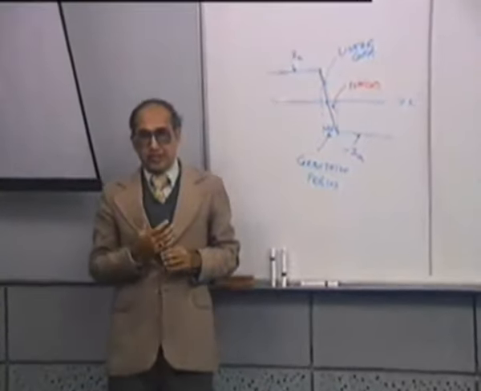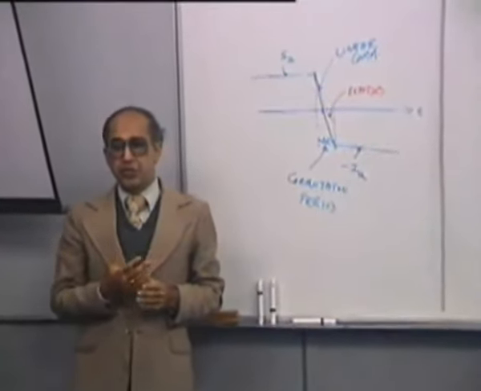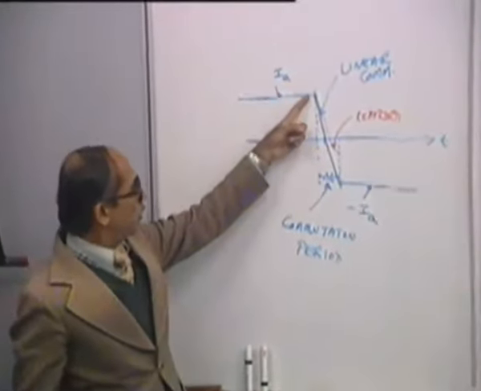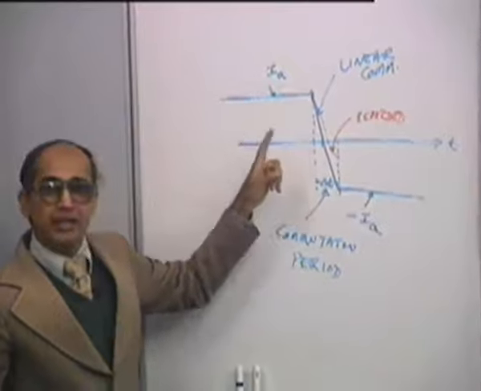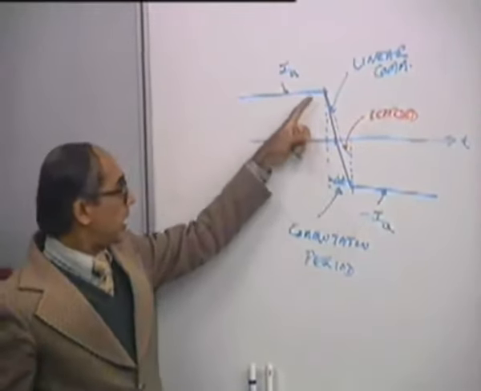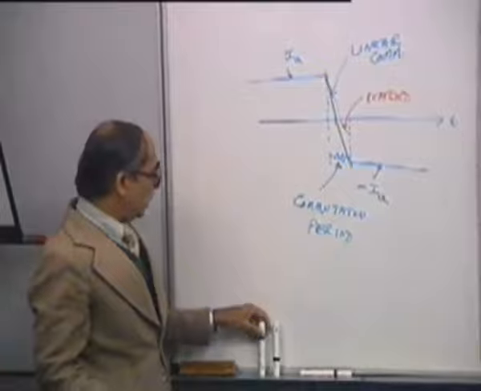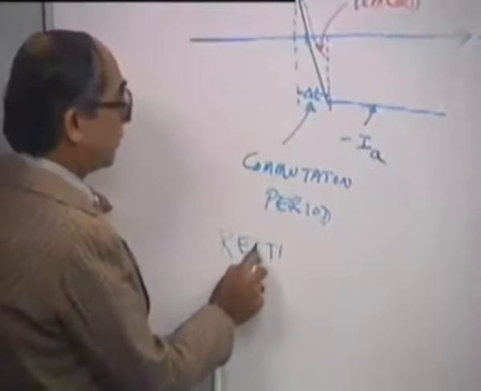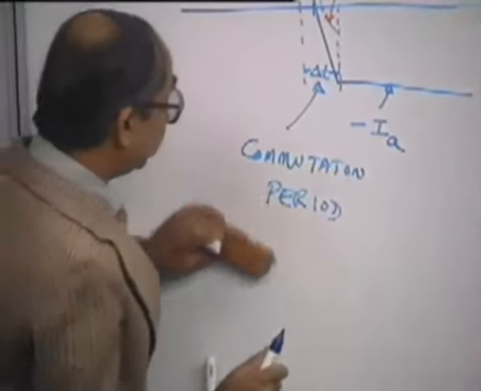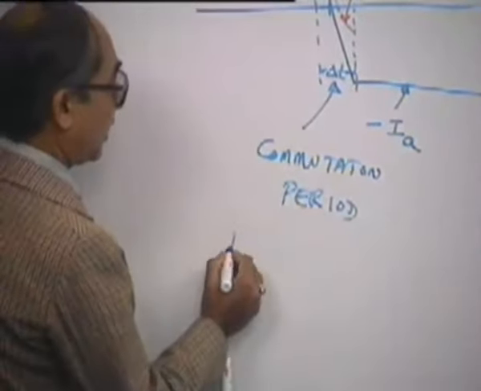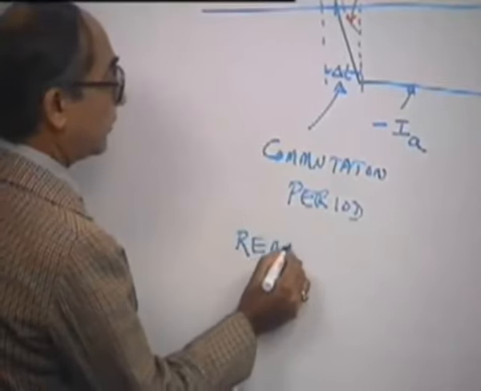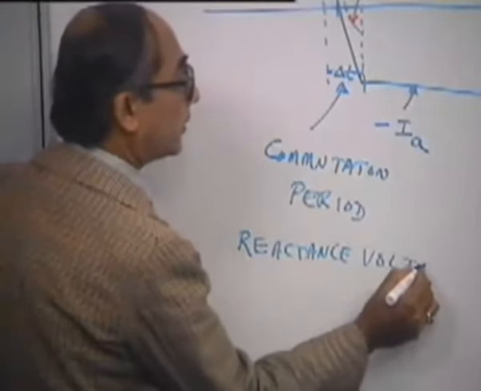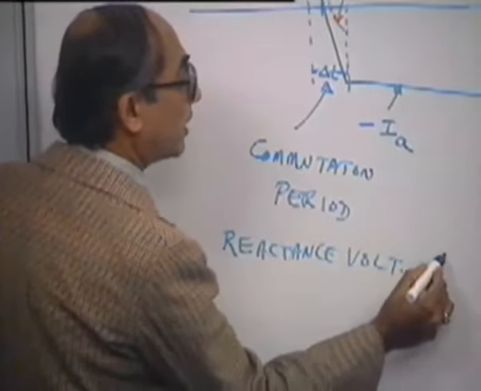Now there is the voltage which is induced due to the movement of conductors, and there is also a voltage due to its own self inductance. That means the current is changing. So we know there is what is known as a reactance voltage, which is say L di by dt.